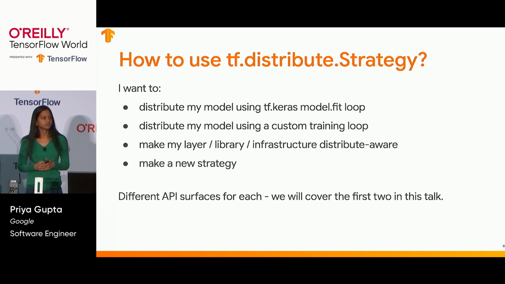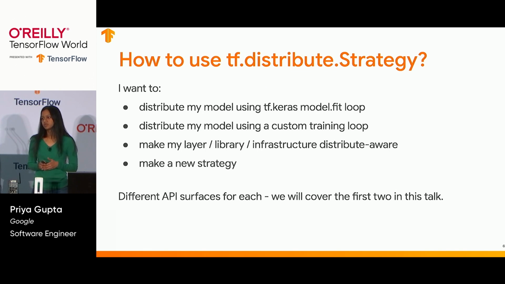There are a number of different ways in which you can use this API, and we've listed them here in the order of increasing complexity. The first one is if you're using Keras high-level API model.fit for your training loop, and you want to distribute your training in that setup. The second use case is what we've been talking about in this talk so far, where you have a custom training loop and you want to scale out your training.